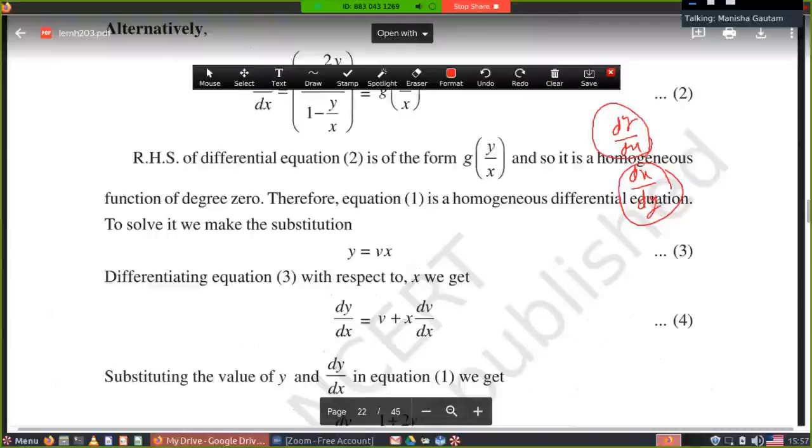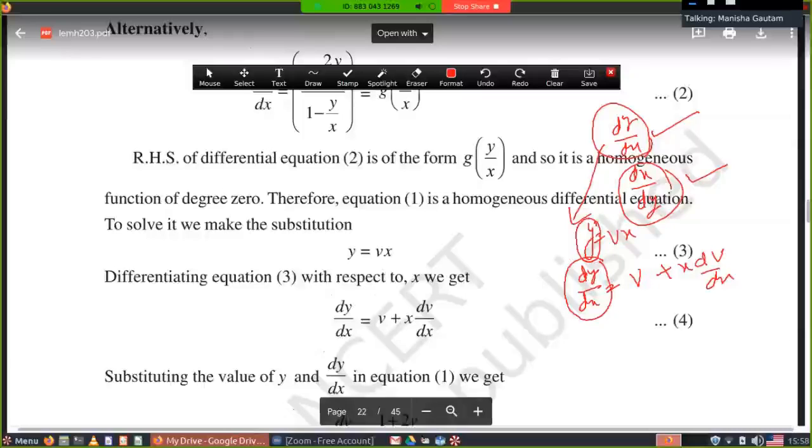Whether the question is in the form of dy upon dx or maybe in the form of dx upon dy. When it is in the form dy upon dx, then you have to put y is equal to vx in the statement, and dy upon dx equals the derivative: v as it is, x derivative is 1, and dv upon dx. It means y is replaced by vx and dy upon dx is replaced by v plus x dv upon dx.